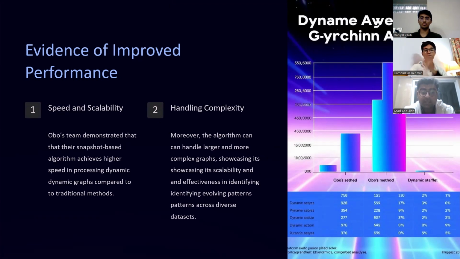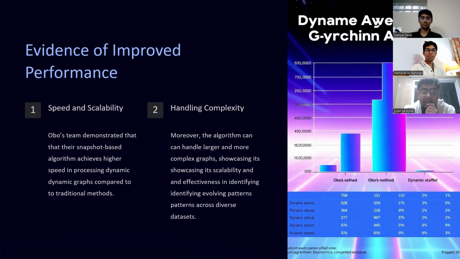It processed dynamic graphs much faster than traditional approaches, which is critical for real-world time applications like traffic analysis or social media monitoring. Second, it handled larger and more complex graphs with ease, showing excellent scalability where the other methods struggled. These advantages make their algorithm a strong choice for analyzing evolving patterns in dynamic datasets.